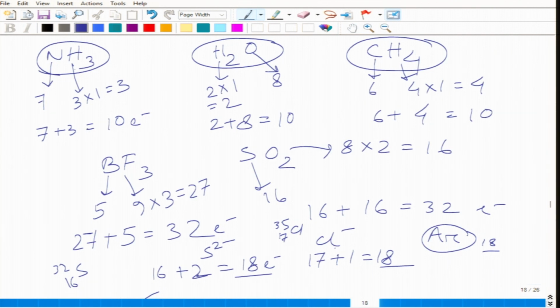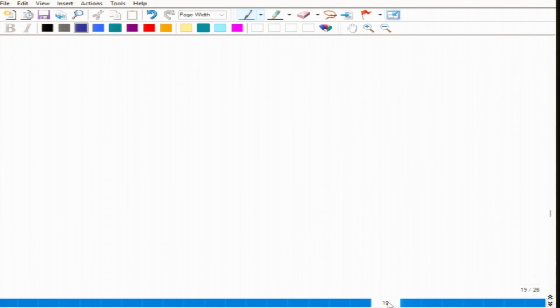So sulfur and chlorine accept electrons to fulfill the 18 electrons. Sulfur needs 2 electrons to become 18 and chlorine needs 1 electron to become 18, so that they can attain the configuration of argon. So the last thing here is isosteres.